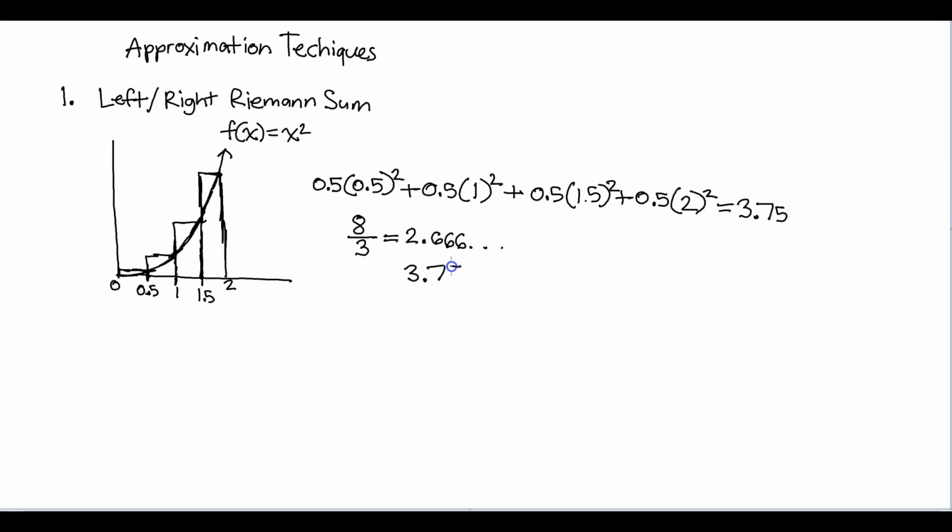But it's not terrible. At least it's not more than 2 from the actual value. So it's not terrible, it can be better, okay? It is an overestimate because your function is increasing. Okay, so you have more of this outside edge rather than parts of it not being filled. Okay, so this is an overestimate.